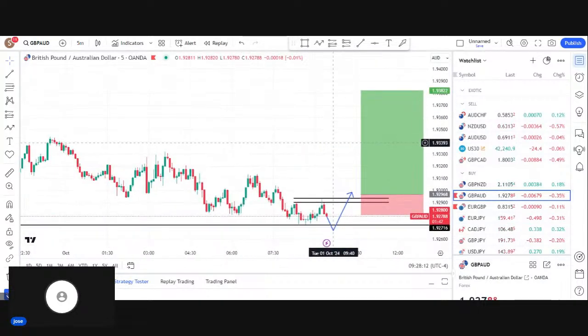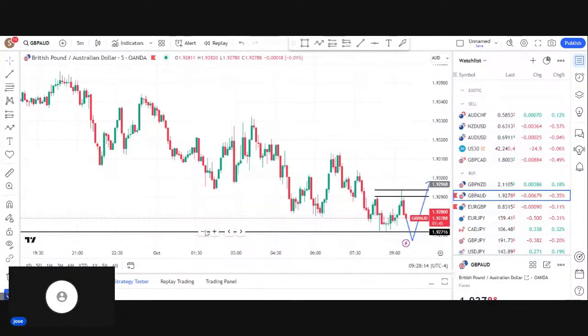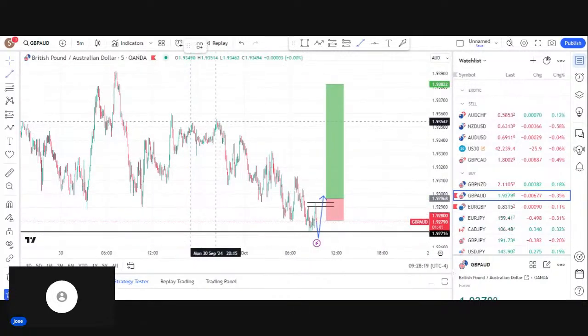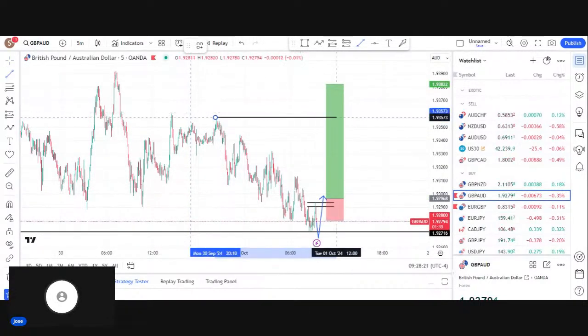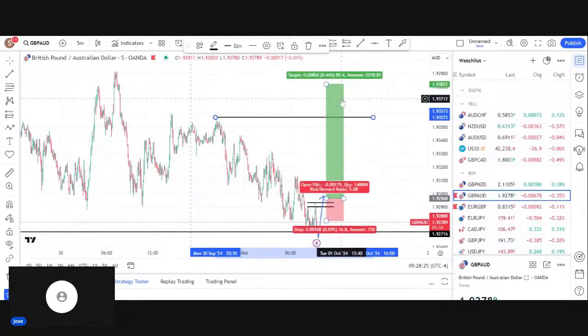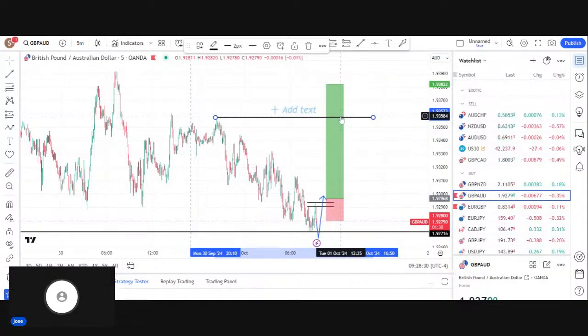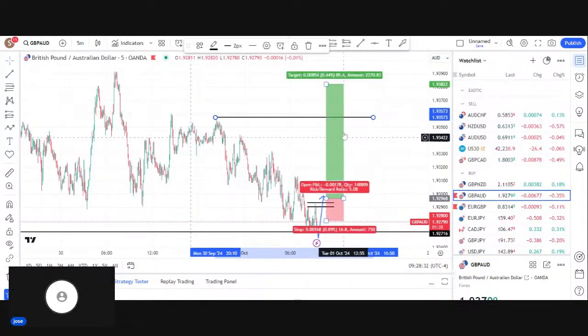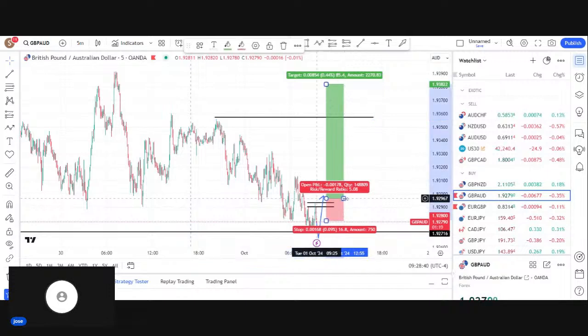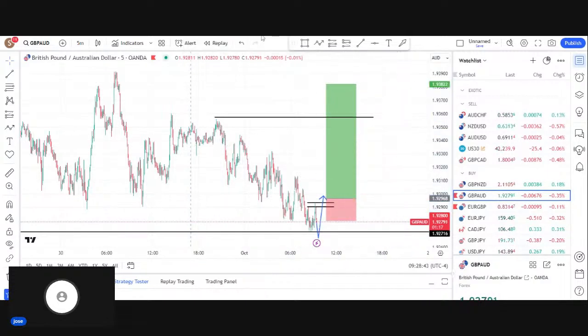So where is the 1 to 5? A few pips above the high, this being the high of the day. If price goes in our direction and reaches the high of the day, this is where you can start trailing very closely, because anything can happen at the high of the day. But usually price hits a 1 to 5 very easily. So let's wait and see.